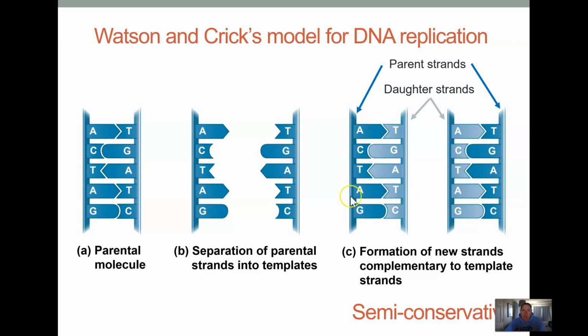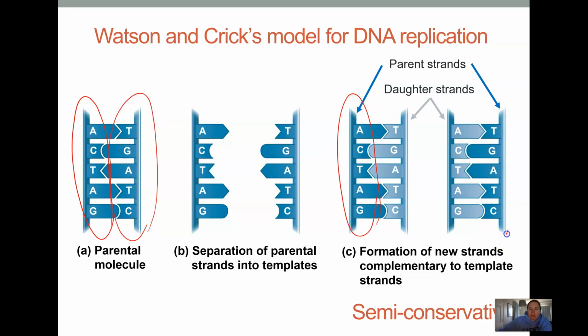This strand here is here, and this strand here is here. So this is called semi-conservative. Every time DNA makes a copy of itself, half the material is old and half the material is new, and we get pretty much perfect copies every time.